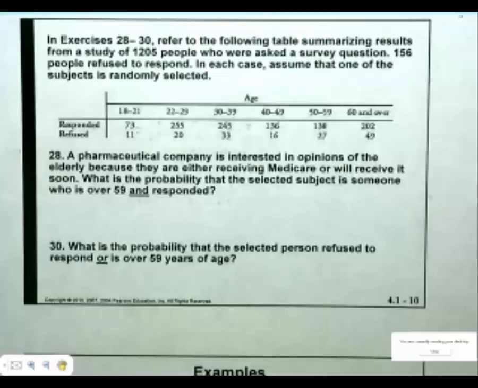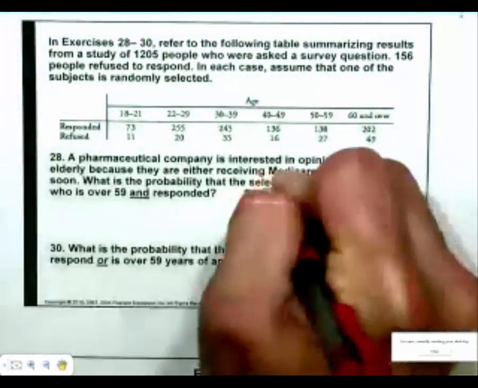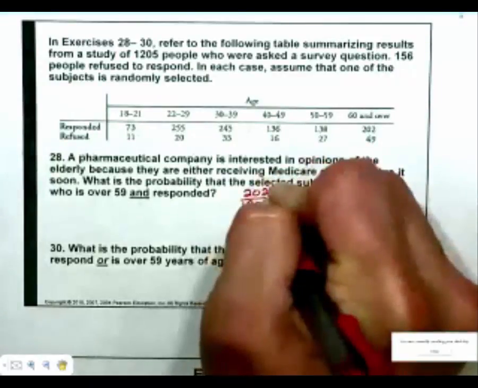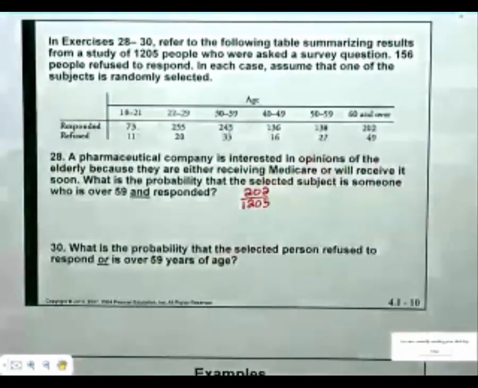So there are 251 senior citizens, basically, and responded. That's this whole row. So how many are in both this column and that row? Just the 202. This 202 out of 1205 would be the probability that we're looking for.